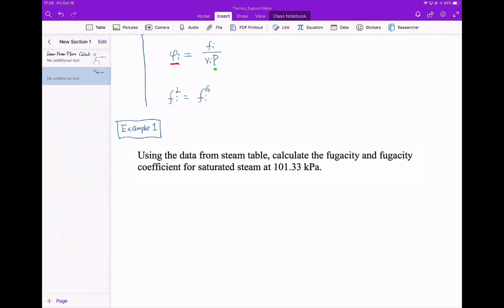Let me see where I got this example. This is problem 3, midterm 2 of 2017. So let's take a look at this example.